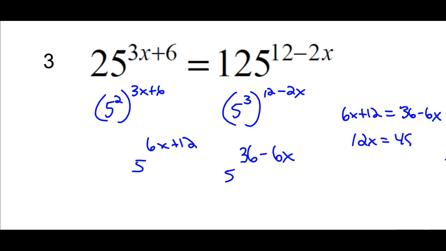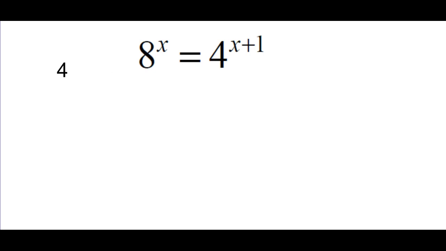Not 48. I'm doing my math wrong here. This is going to be 24, so x is going to equal 2. On each of these, you should be pausing it to see if you can work it out before you see me do it.